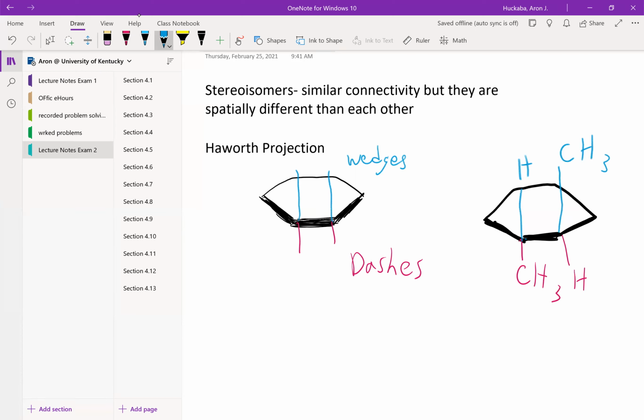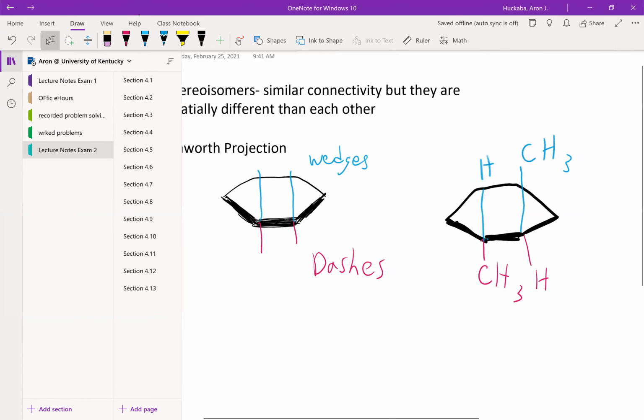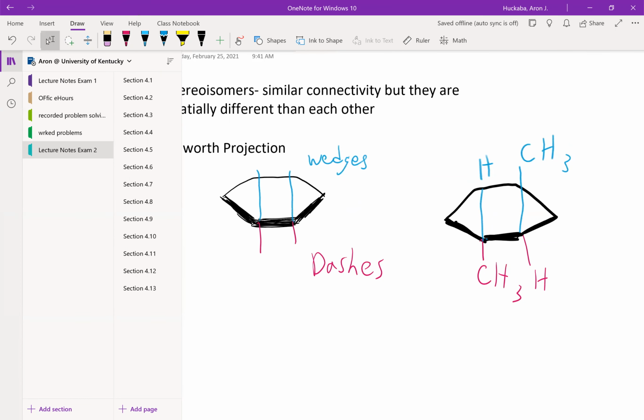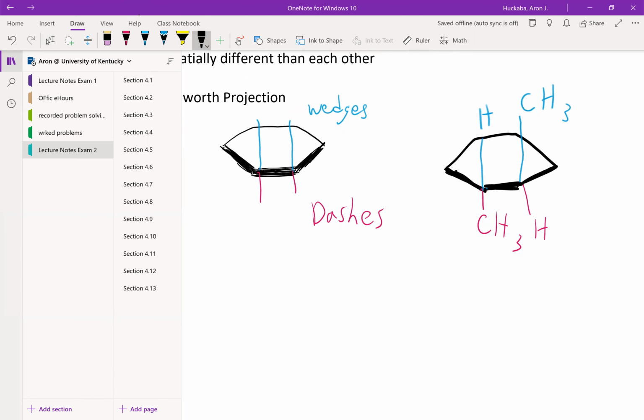And the CH3 on the bottom is on a dash. Well, is that molecule different now from this one?